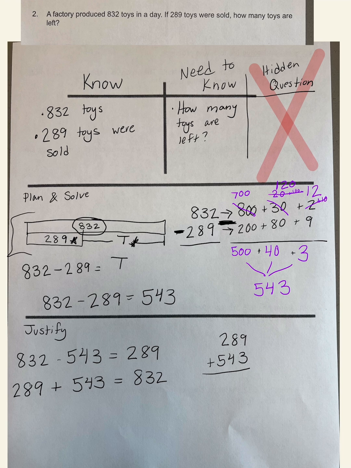Gonna stretch it out again. 200 plus 80 plus 9, and 500 plus 40 plus 3. So I have to think, what is 9 plus 3? All right, well, 9 plus 3 is 12.